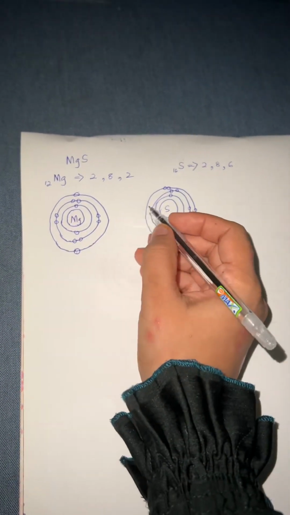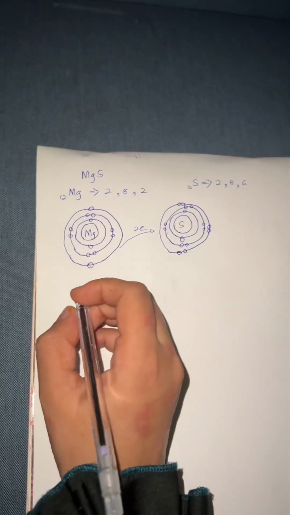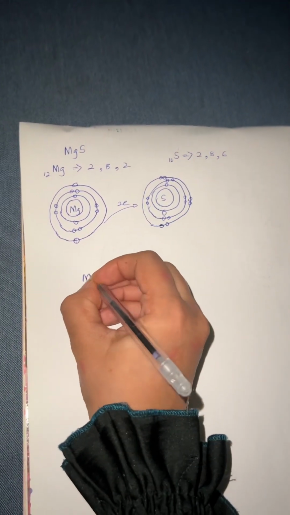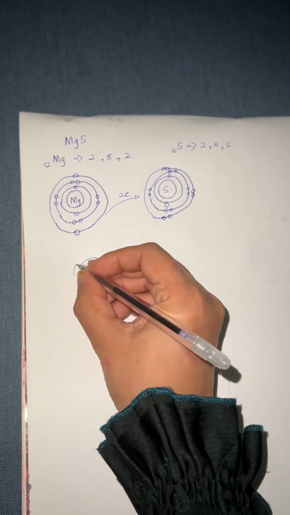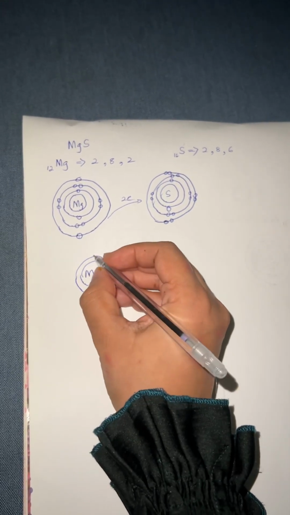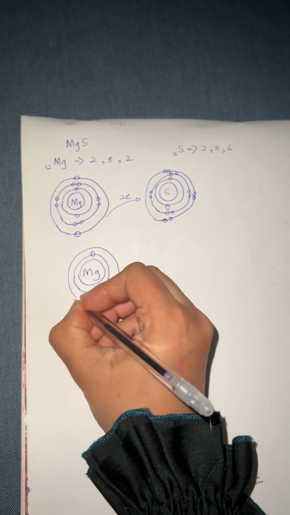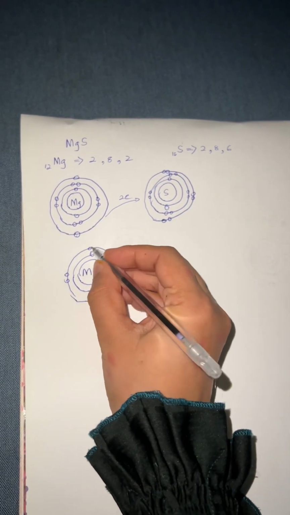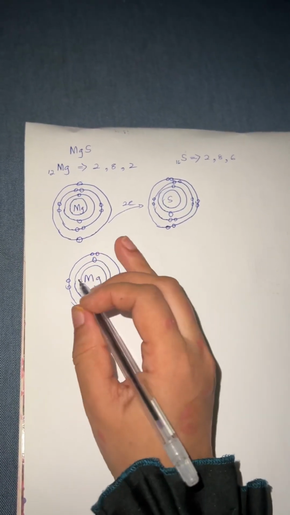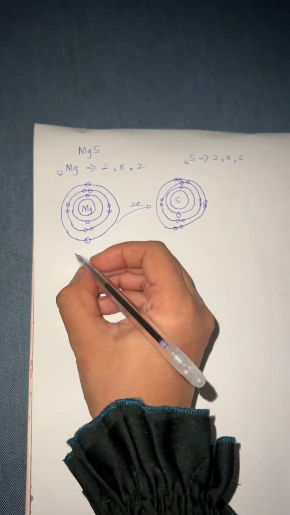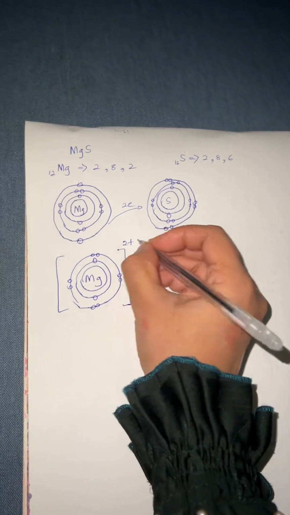So these 2 electrons move from magnesium to sulfur. The next diagram would be like this. Magnesium, its nucleus, and now the orbits: 2, 4, 6, and 8. The last 2 electrons have moved away, so we give a 2 plus charge.